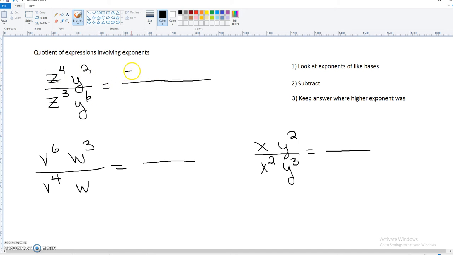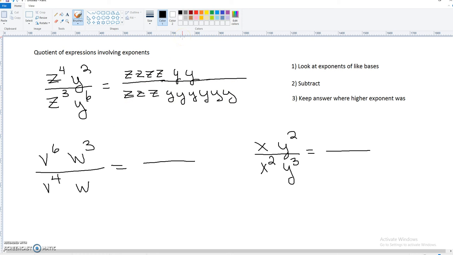So I've got Z, Z, Z. I'm making them like that because my 2's and my Z's kind of look the same. And I've got Z, Z, Z. And Y, Y. There we go.